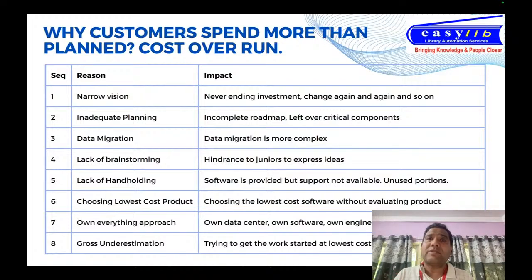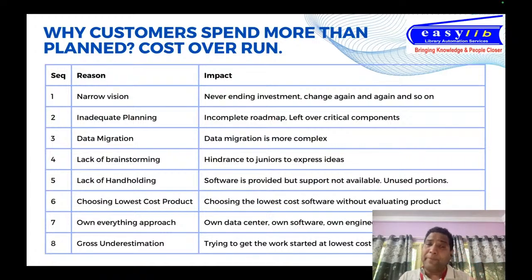They are our customers for the last 20 plus years. At that time, Easylib was not the lowest costing product. Whereas we were charging this much amount, there were our competitors who were only charging this much. Still, many of these organizations, a few hundred of them, went with us.